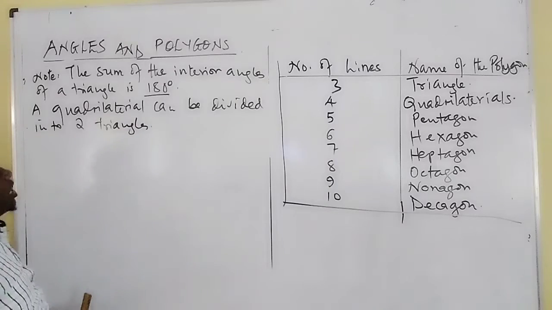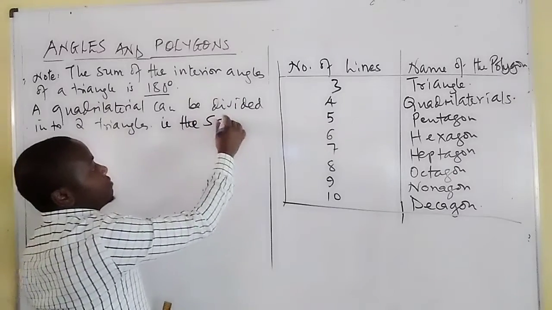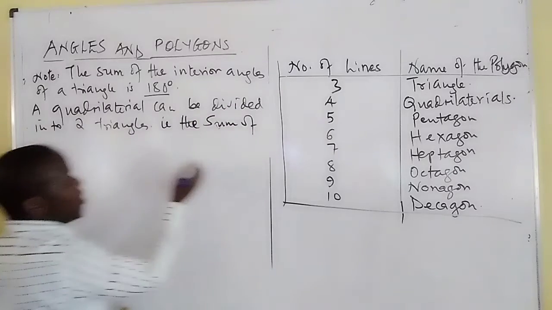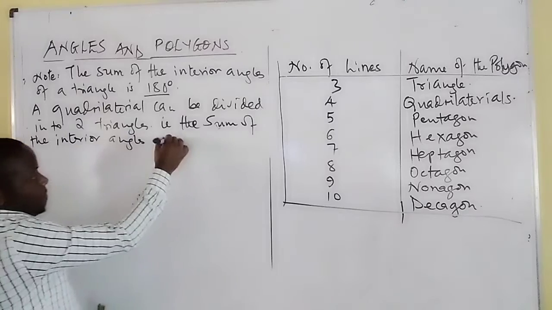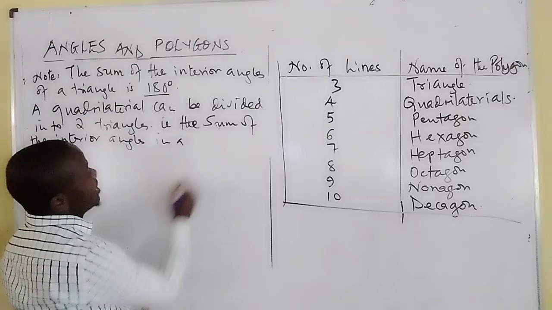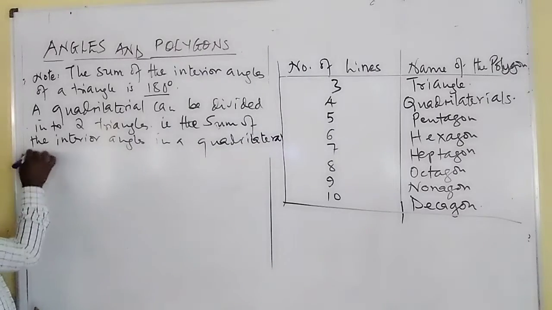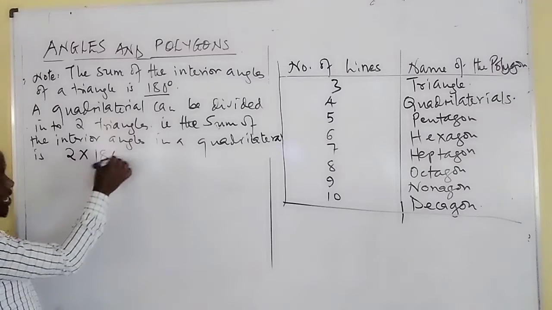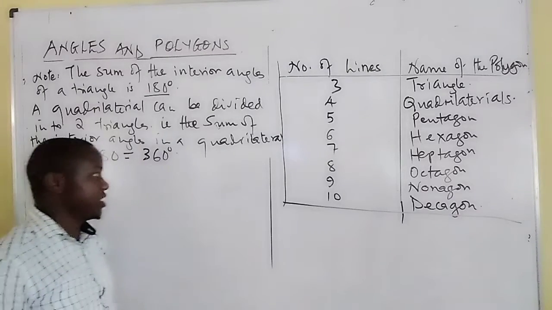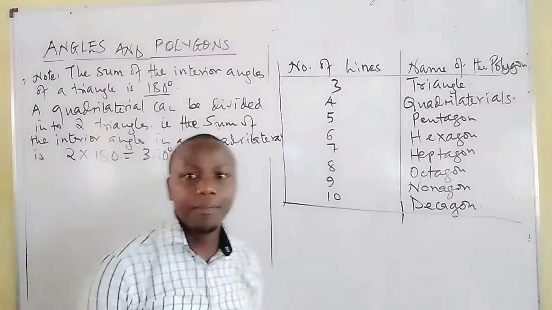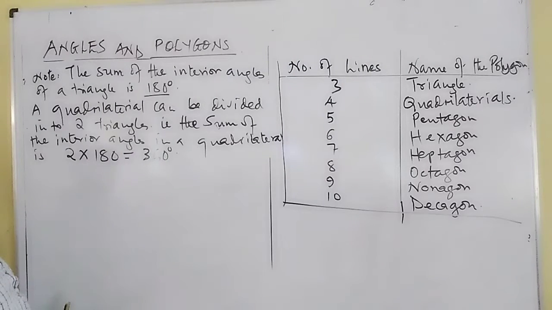So a quadrilateral can only be divided into two triangles, meaning that the sum of its interior angles is two triangles times 180 each. We get 360. Therefore, a square, a rectangle, a rhombus, a parallelogram, and a trapezium will have 360 degrees as the sum of the interior angles.